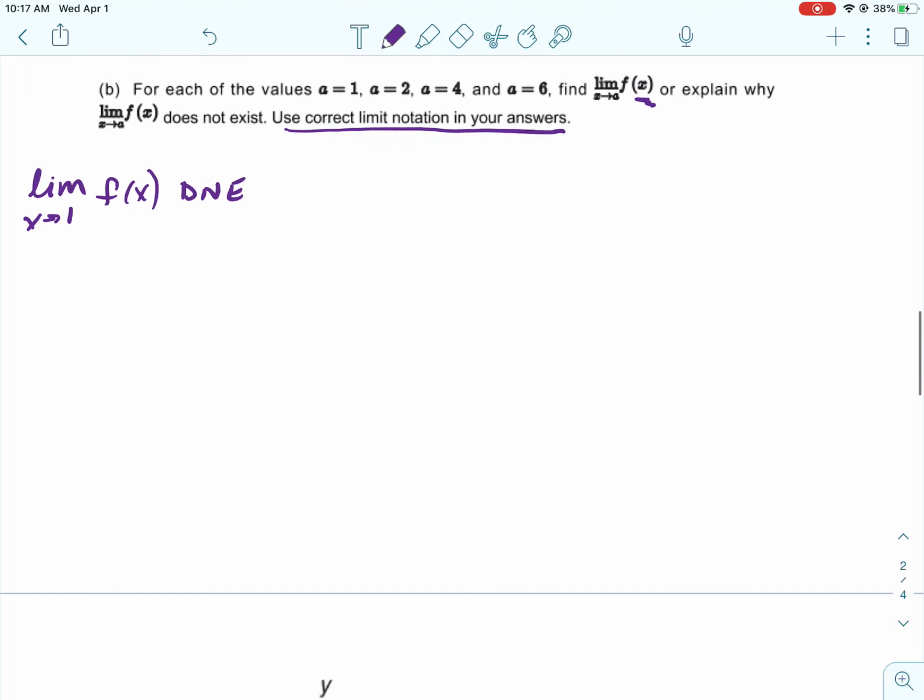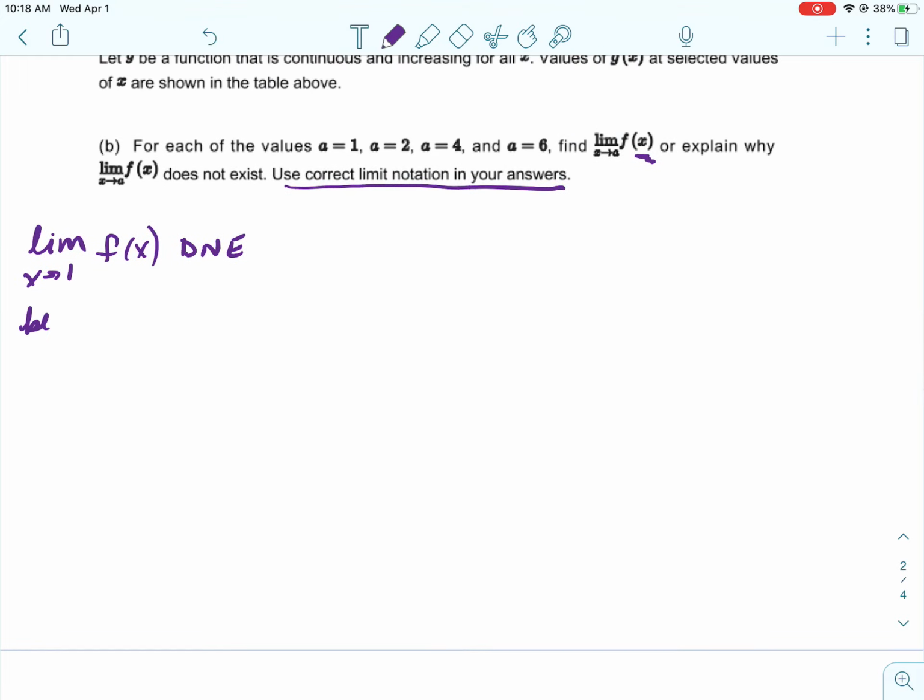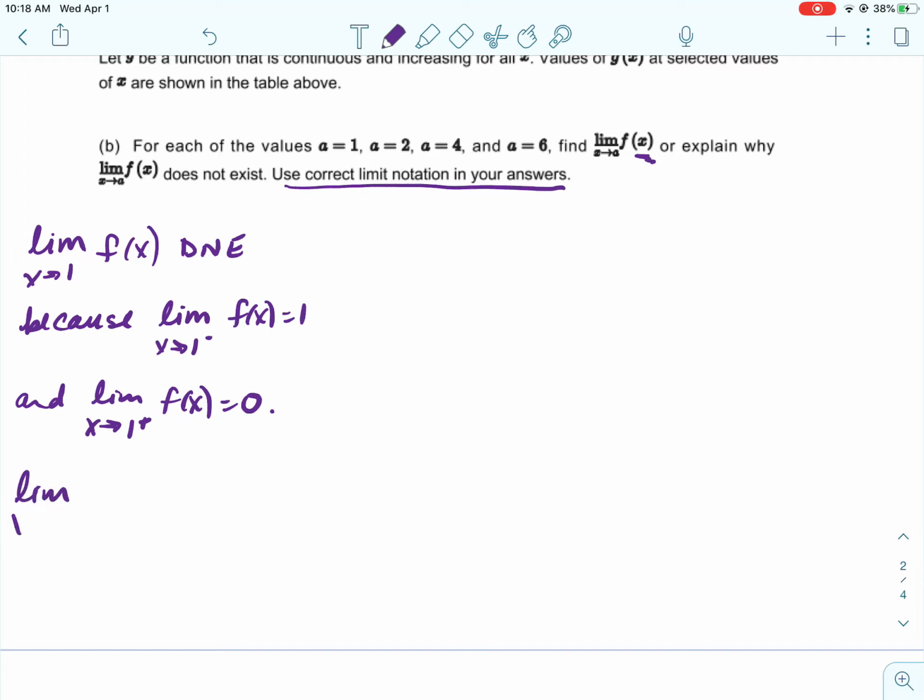So I'm going to erase my equals and say that the limit does not exist, but we do need to tell why. And the reason why is because the limit as x approaches 1 from the left of f of x is 1, and the limit as x approaches 1 from the right of f of x is 0.